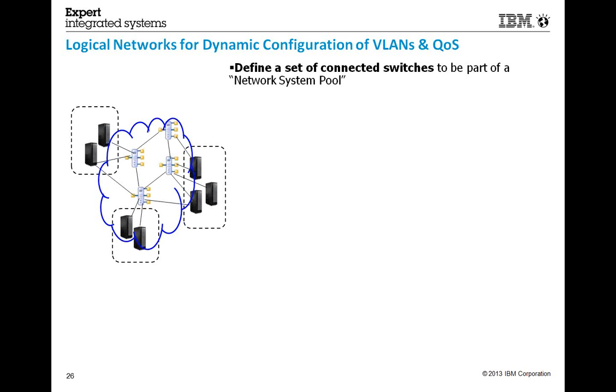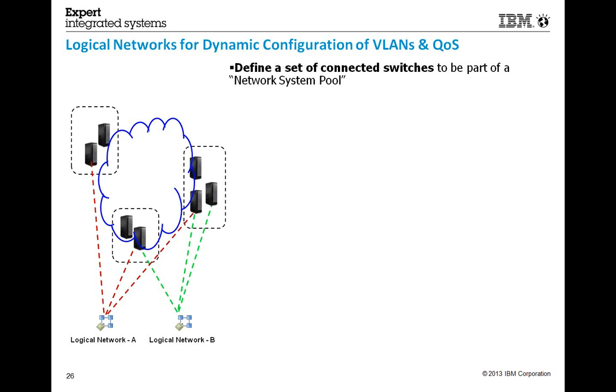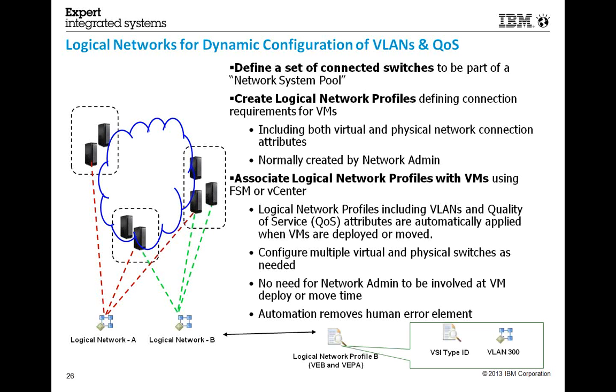Now within this physical network, we're going to have 2 separate networks, logical network A and network B. Now, I am able to associate the various VMs as per those logical network profiles that include the VLANs and the QoS attributes that are automatically applied when VMs are deployed and moved around. So regardless of where you move your VMs, your network properties follow through.